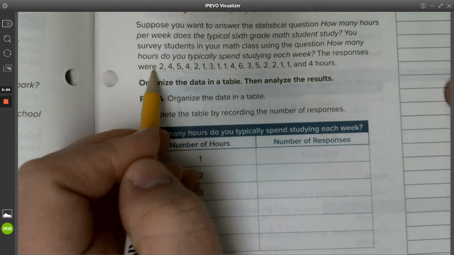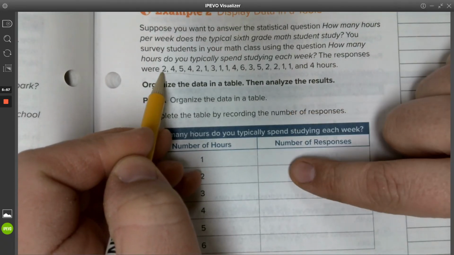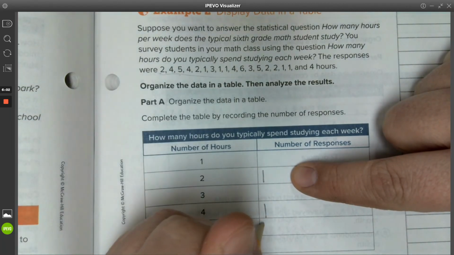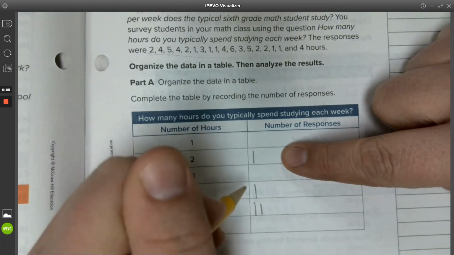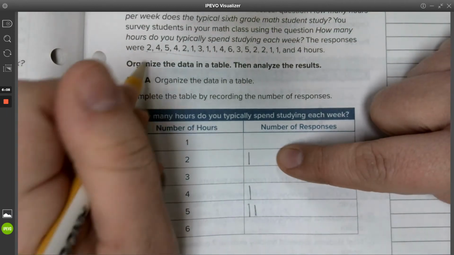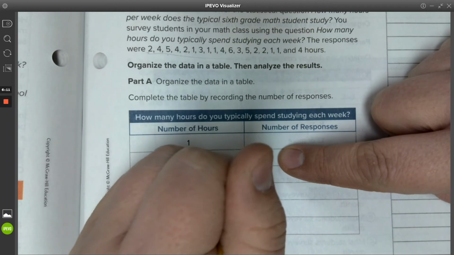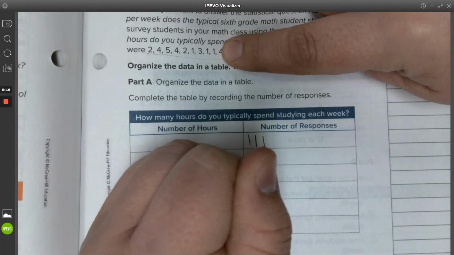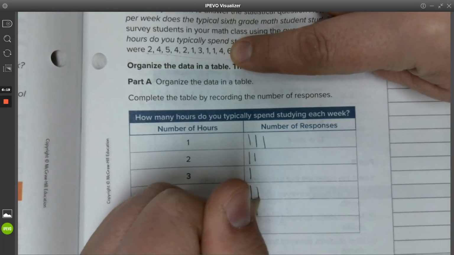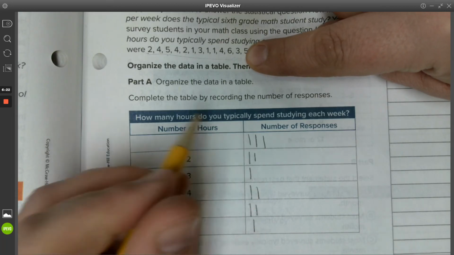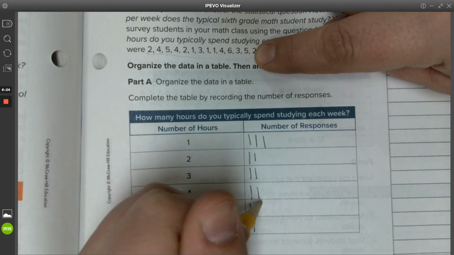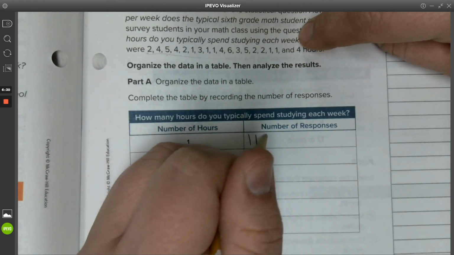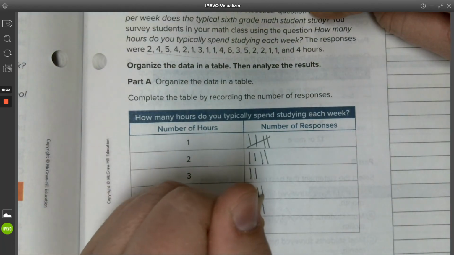So I'm going to first start by putting a tally every time I see a 2. There's 1, a 4, 5, 4, then we have a 2, a 1, and a 3, 2, 1, 3, 1, 1, 4, 6, 3, 5, 2, 2, 1, 1, and 4.